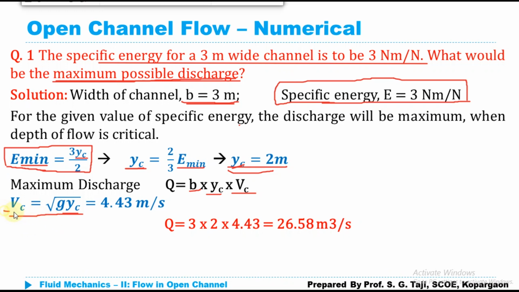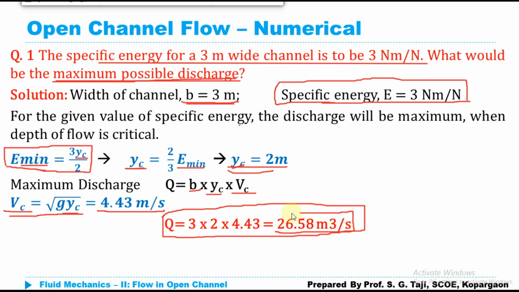So we can compute here VC is equal to 4.43 meter per second, and after computing that we can compute the maximum possible discharge: 3 multiplied by 2 multiplied by 4.43, that is given by 26.58 meter cube per second for the given specific energy, that is 3 Newton meter per Newton, and width of channel is 3 meter. Hope you understood this numerical.